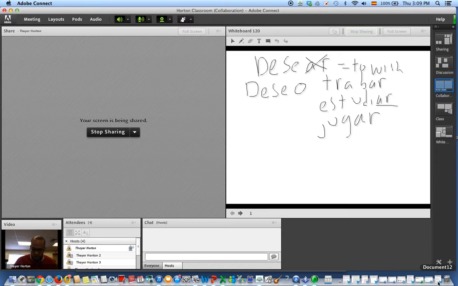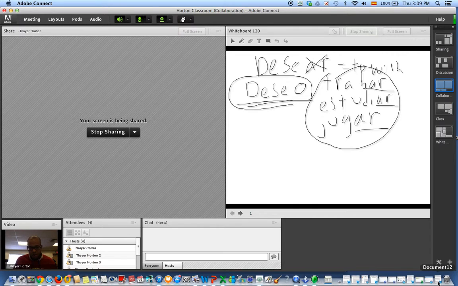Notice all of these are in the infinitive. Whenever you conjugate a verb and need to place another verb right after it, the first one is conjugated, the other one is not. You just use the infinitive form of the verb.